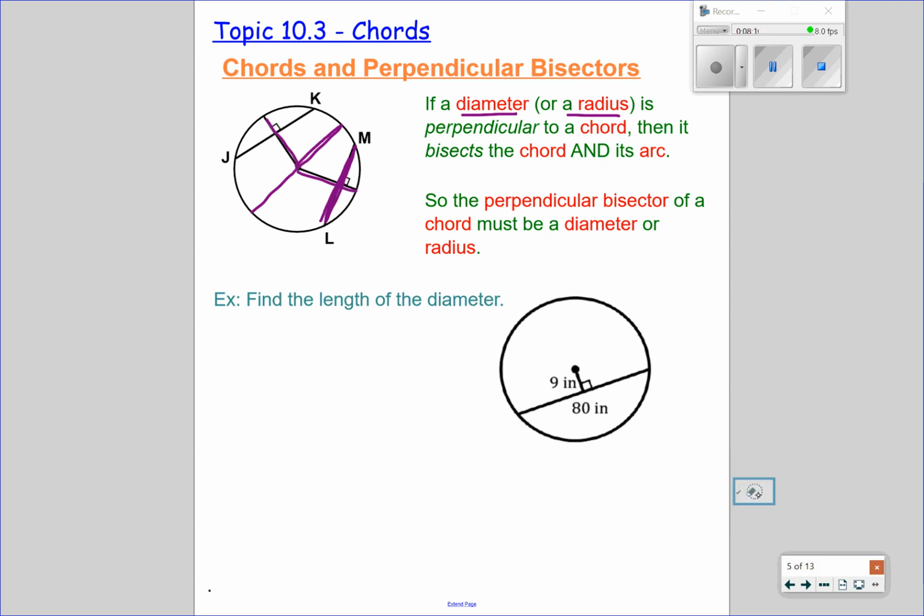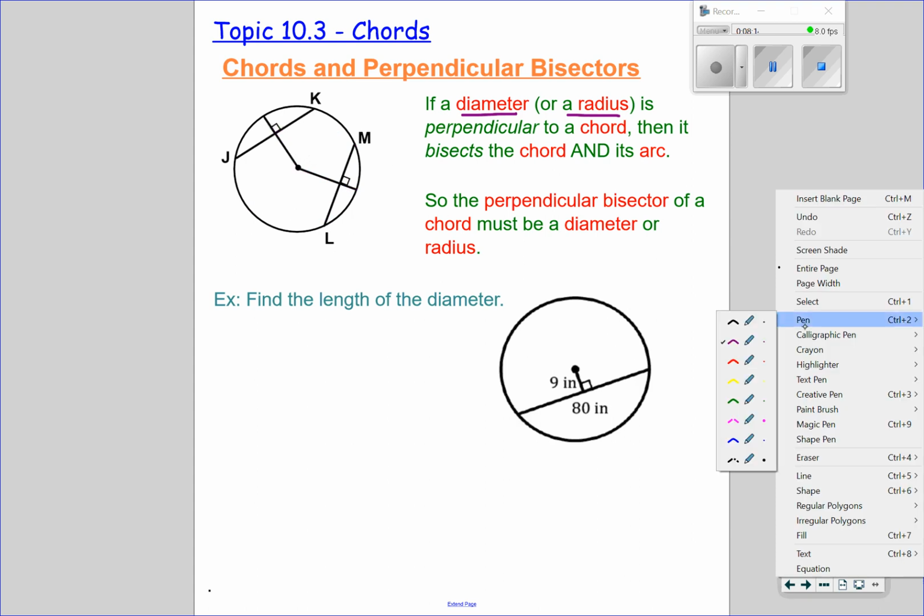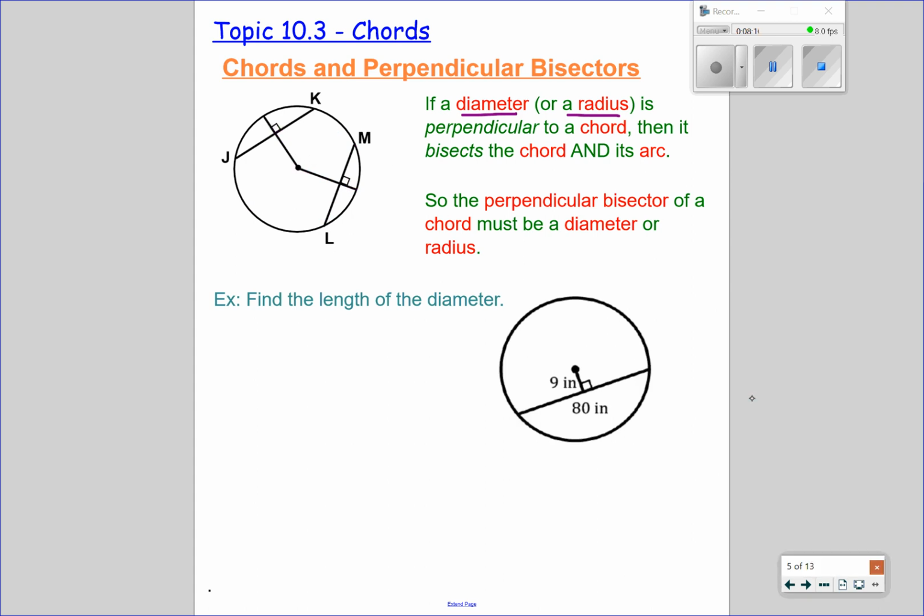So if we look at this particular circle, it says that if a diameter or radius is perpendicular to a chord, meaning a 90-degree angle, here and here, then it bisects the chord and the arc. So this radius is perpendicular to this chord.